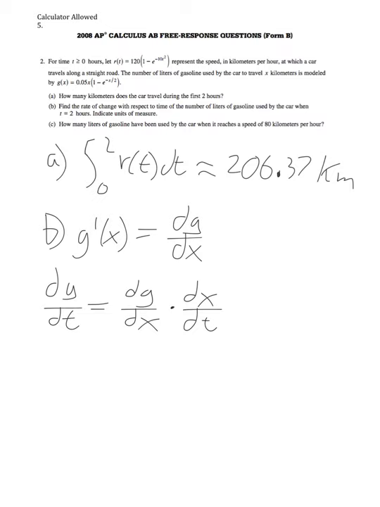Now, as we just said, dG/dx, well, that's just G prime, so that's not too difficult. But dx/dt, I need to figure that out, but x is kilometers and t is time, so dx/dt is really r of t, the rate of change of kilometers over time. Hey, that's what this is.